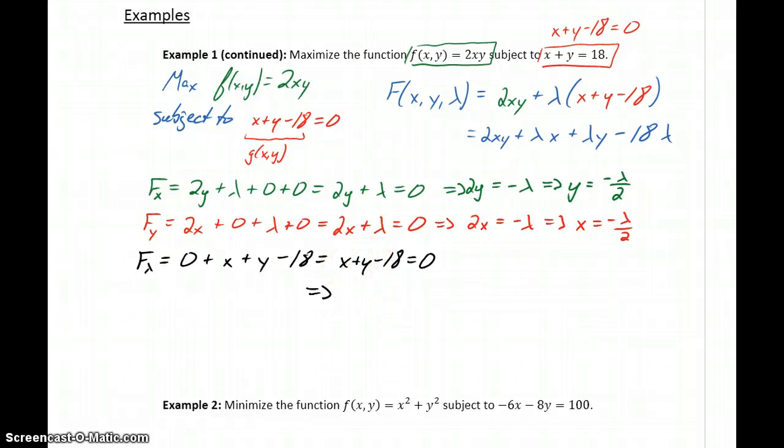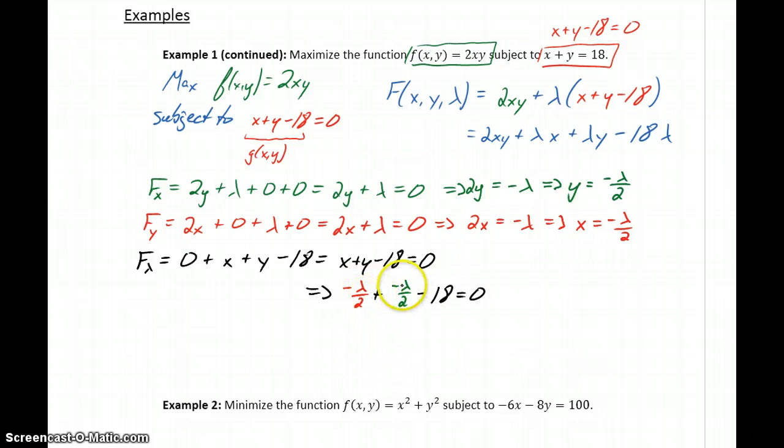So what we'll get for x is negative lambda over 2, plus, in place of y, we can again substitute in negative lambda over 2, minus 18 is equal to 0.